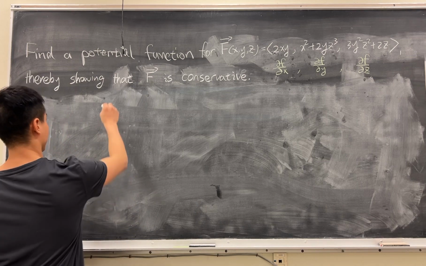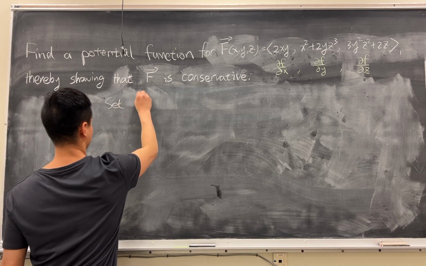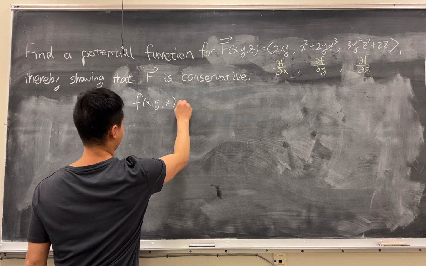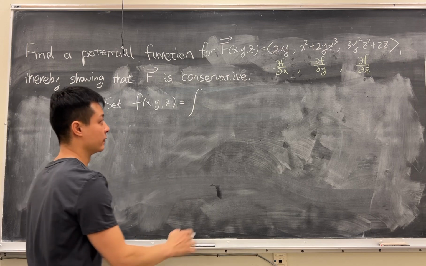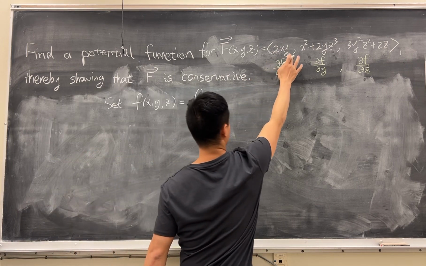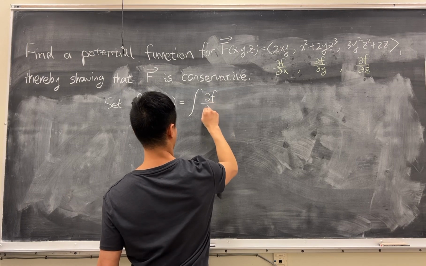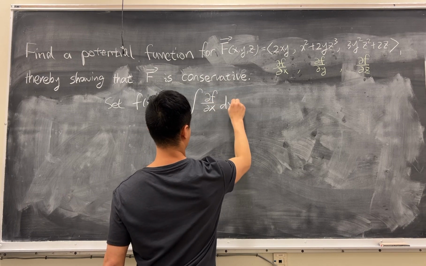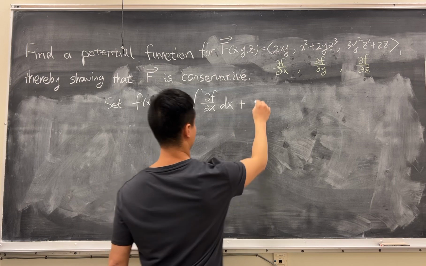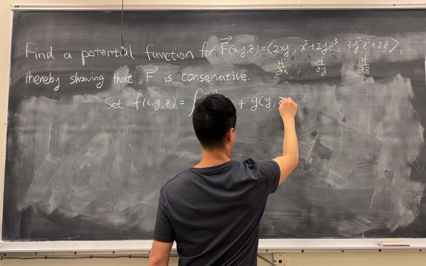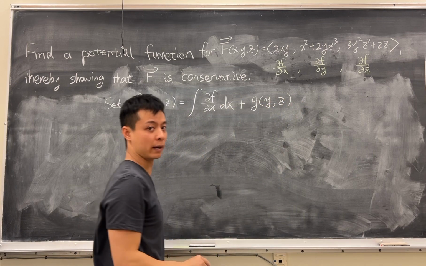We're going to start by setting the potential function f(x,y,z) equal to the antiderivative of the first component with respect to x, which is partial f partial x dx, plus a function that is expressed purely in terms of y and z.